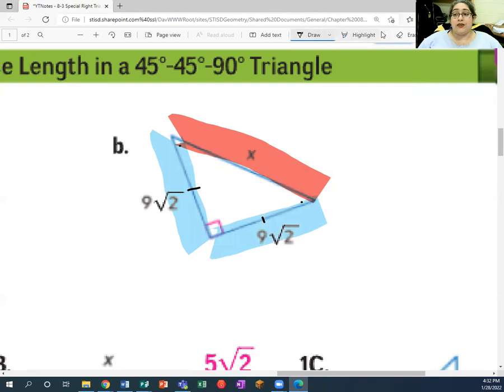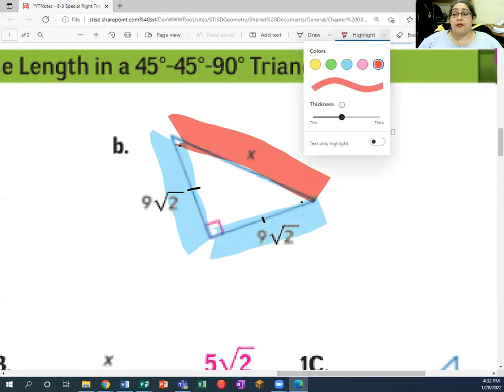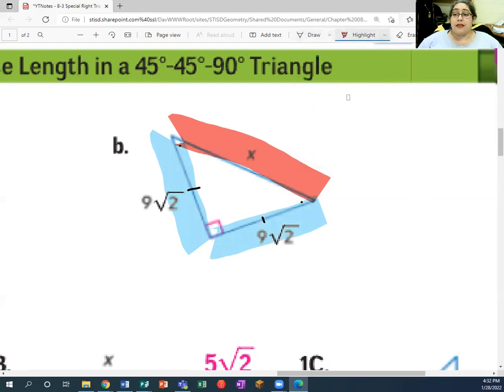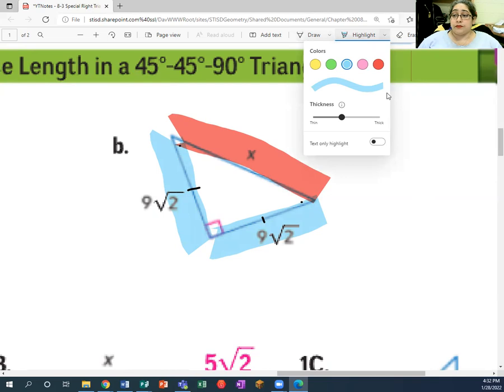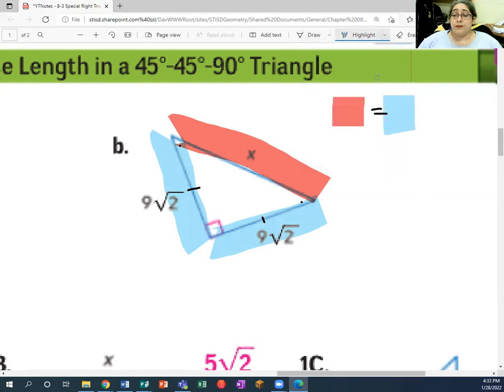And so I can use my handy dandy little theorem from above that said that my hypotenuse is equal to one of the leg measurements, it doesn't matter which one, times the square root of 2. Just like in the previous example, I'm going to substitute in using my color coding. My hypotenuse was red, that's x.